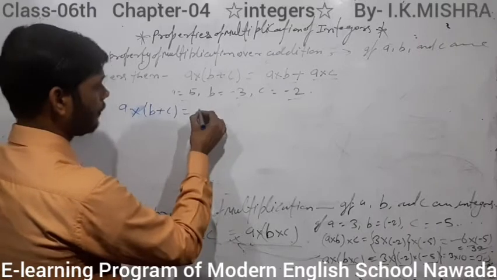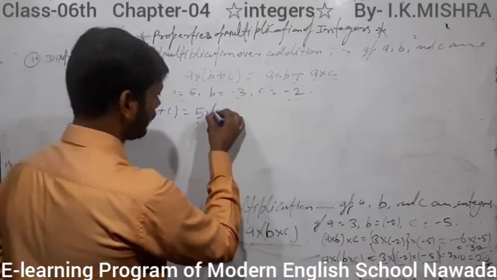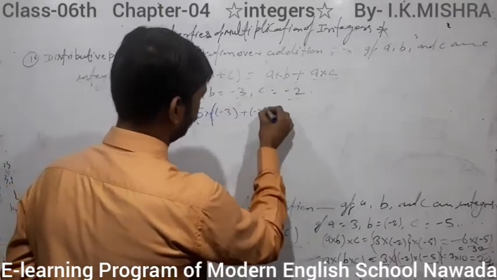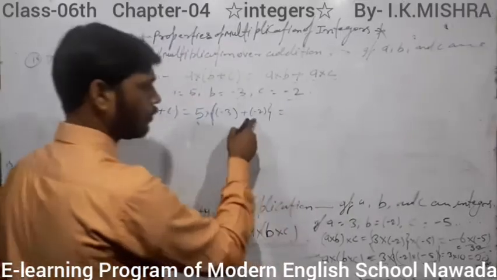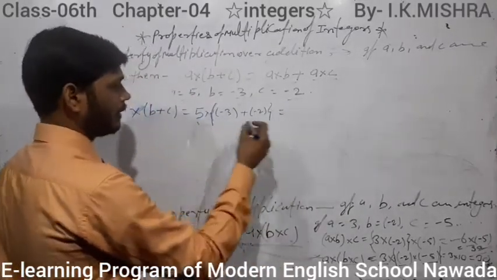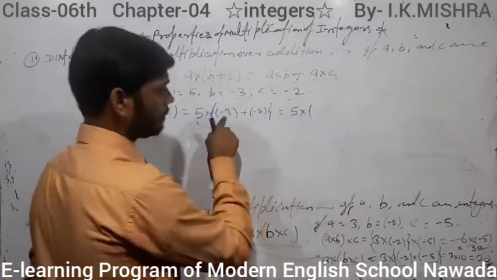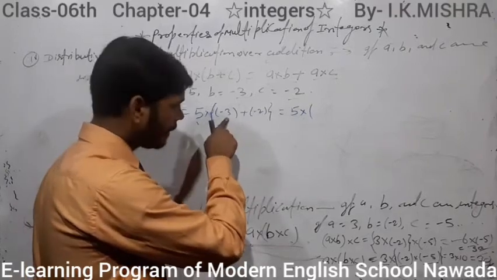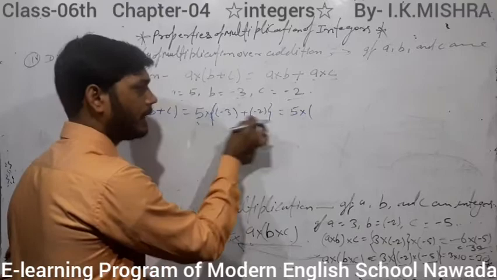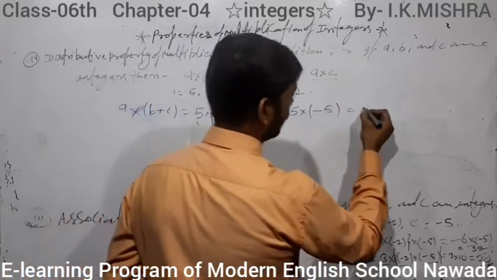Here first of all write 5 into (minus 3 plus minus 2). Students, as you know, in addition of integers, when the signs are the same, the operation is addition but the sign will be negative, so its value is minus 5, and then the result is equal to minus 25.